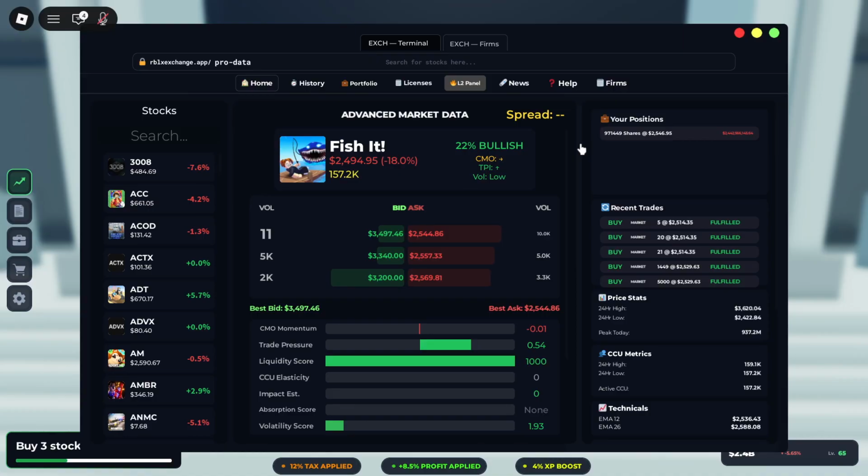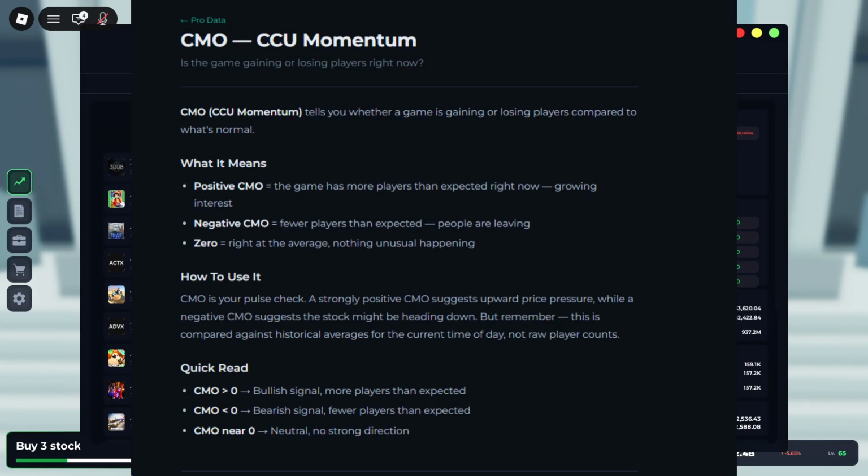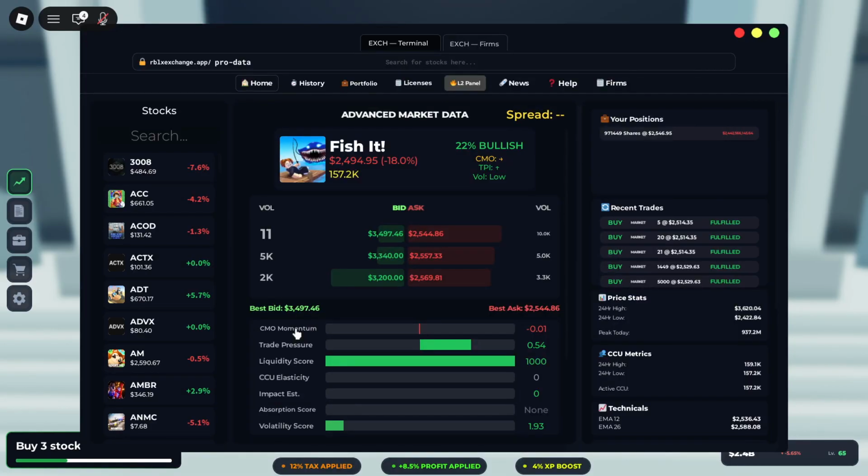Now we will start off with the CMO momentum. Basically, this is the game gaining or losing players currently. It's telling you, is the game losing or gaining players.